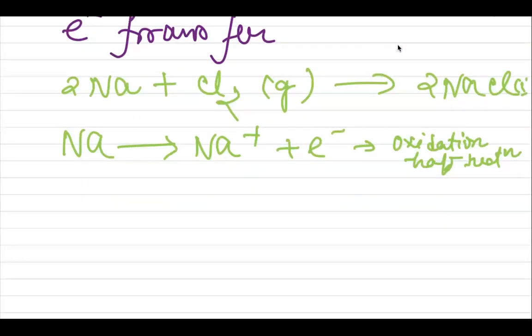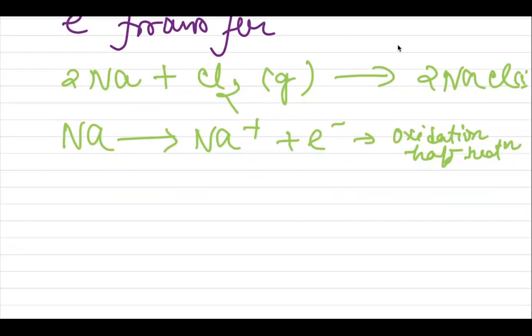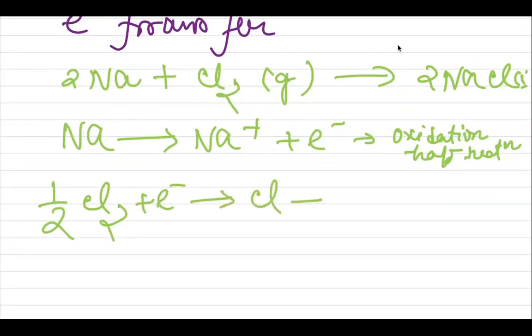This is known as the oxidation half reaction. Now here Cl is formed, that means half Cl2 reacts with one electron and forms Cl minus. That means gain of electron is the reduction half reaction.